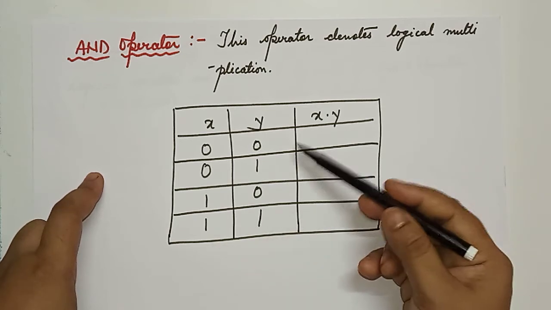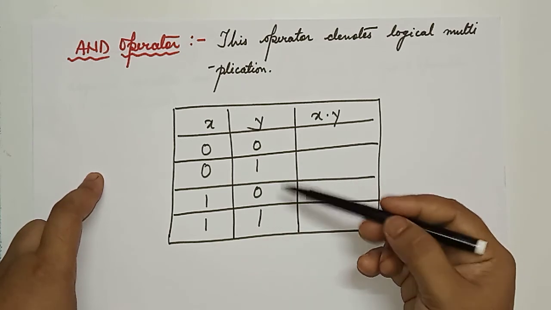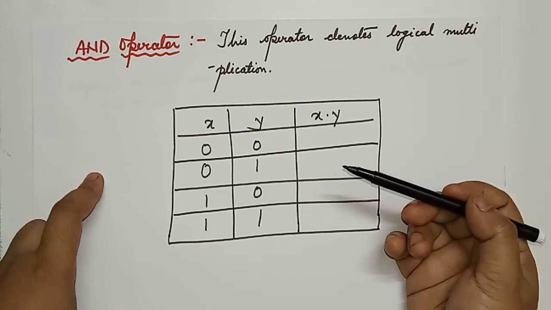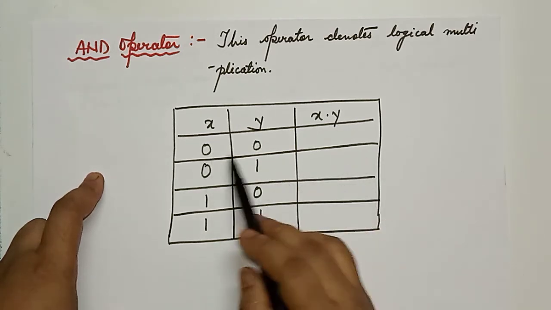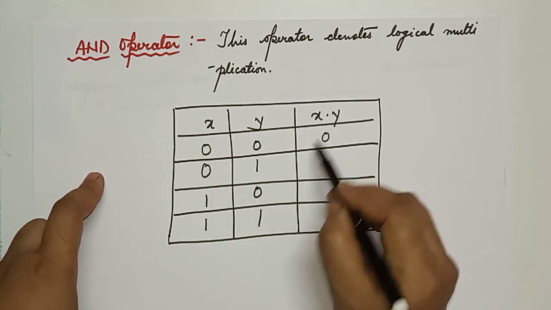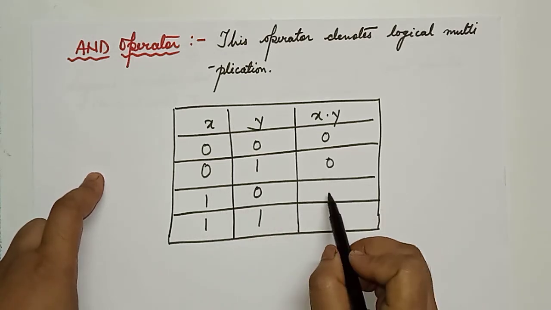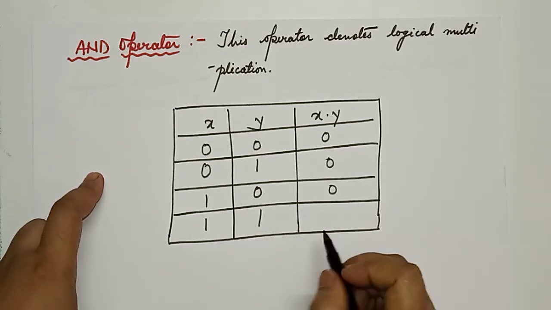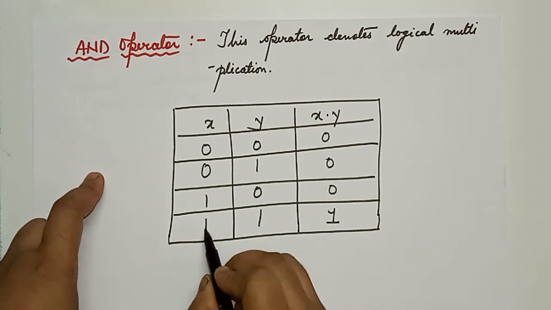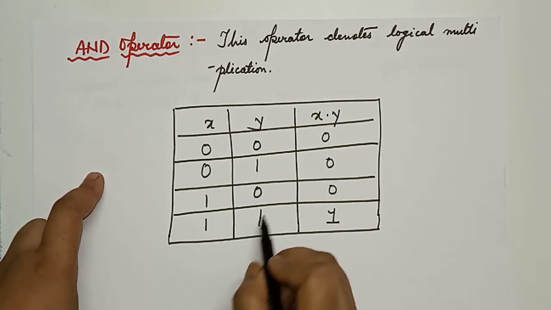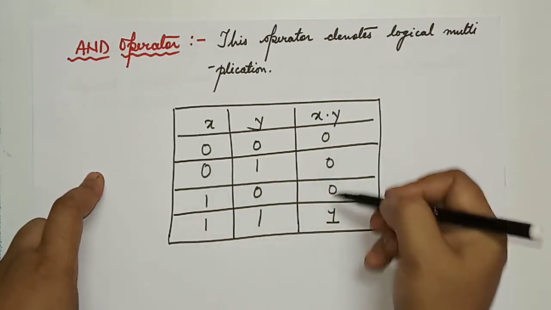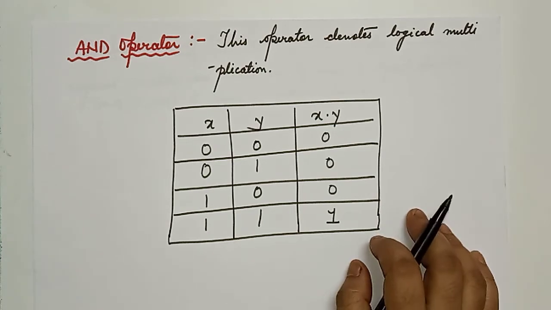If there is any 0 as an input, then the output will also be 0. So 0 multiplied with 0 gives 0, 0 multiplied with 1 is 0, 1 multiplied with 0 is 0, 1 multiplied with 1 the result is 1. Now you can see here all inputs are 1. Wherever there is a combination with the 0, the output will also become 0.